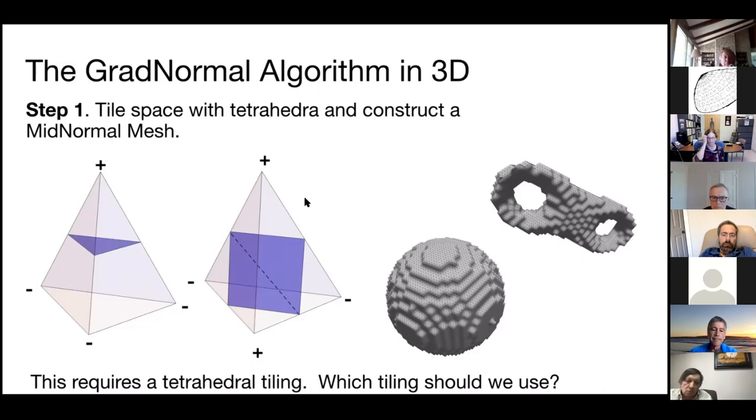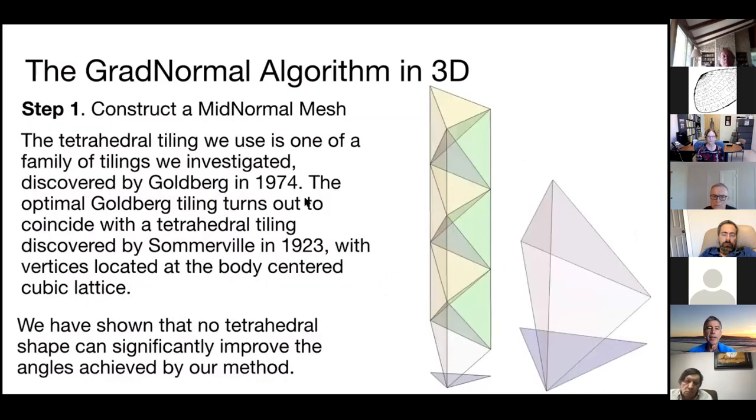And the question becomes what tetrahedral tiling we can use. It turns out there's many ways to tile 3 space, and we did an extensive exploration of the whole space. And it turns out there's something called the Somerville tiling, which was discovered in 1923, and it's part of a family of tilings which was discovered by Goldberg in 1974.